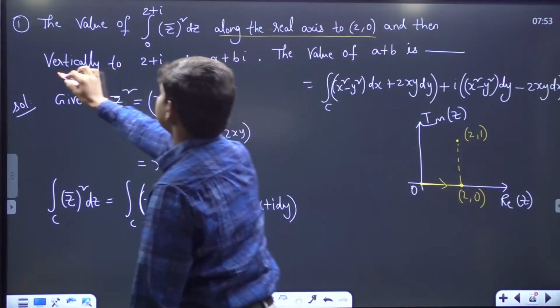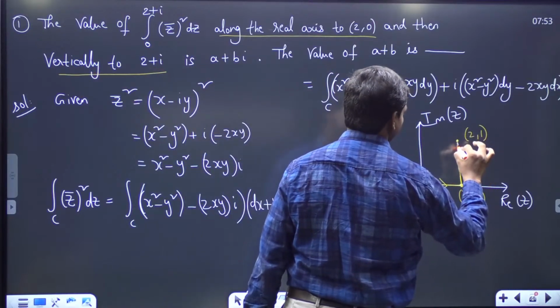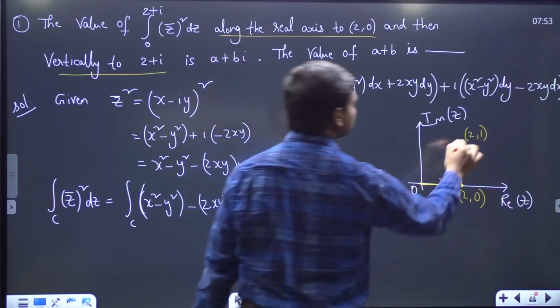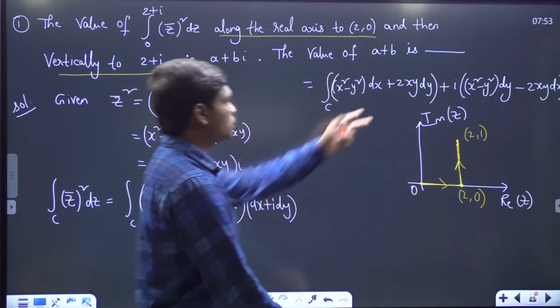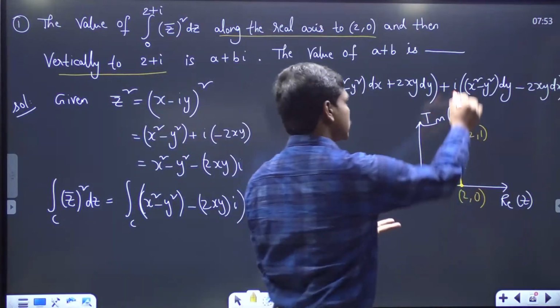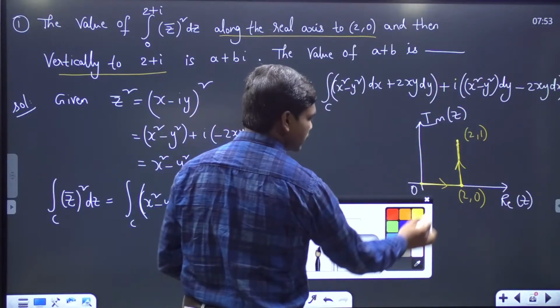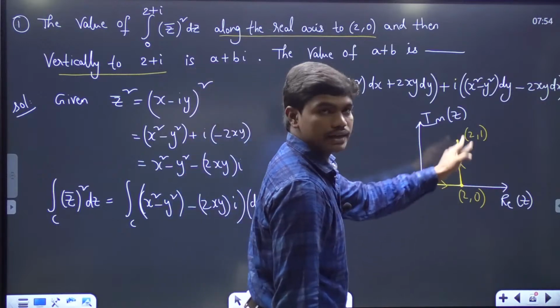Then vertically to 2 plus i, means from here it's again going vertically upwards to this point. So it is reaching 2 plus i in this particular path. Correct? So now let us try to evaluate this integration along this path. And if you see, these are two different paths. It's not a single continuous path. Correct? There is some change in the nature of the function.